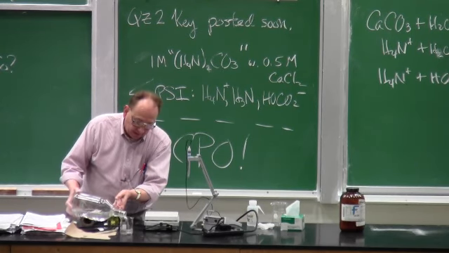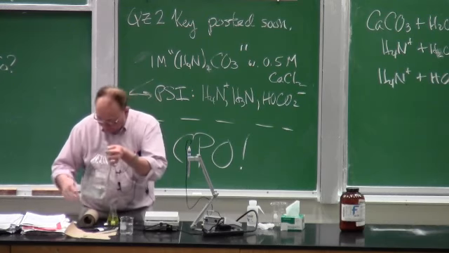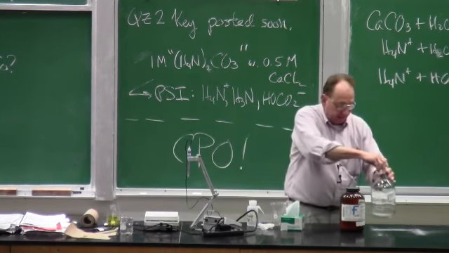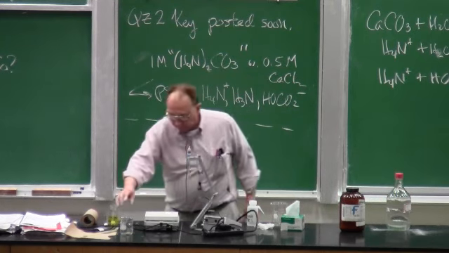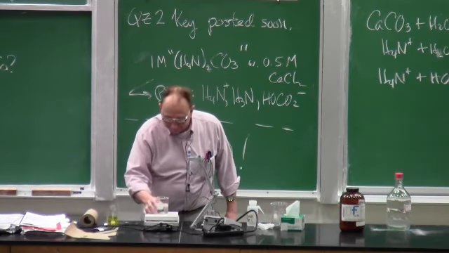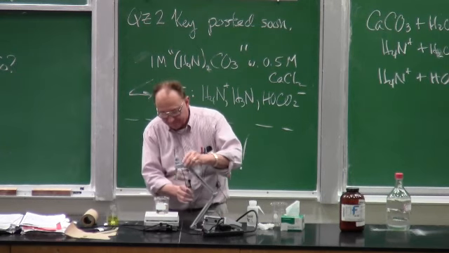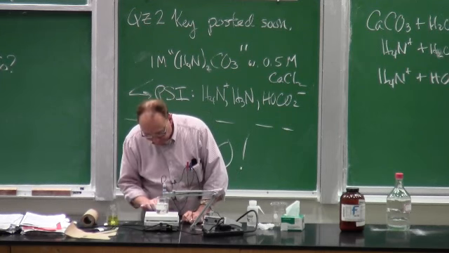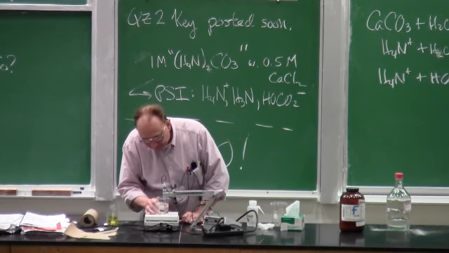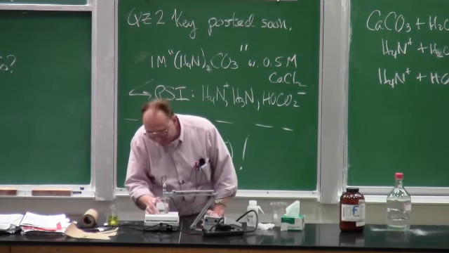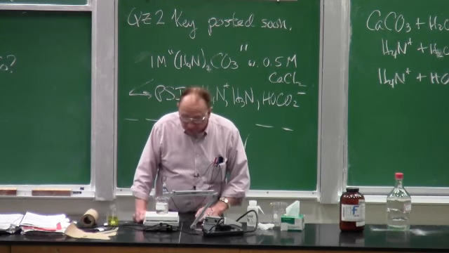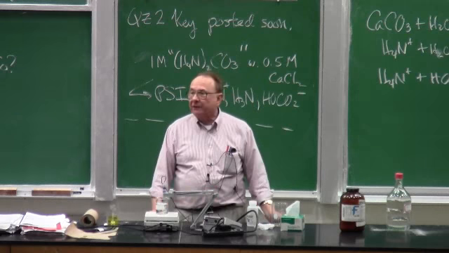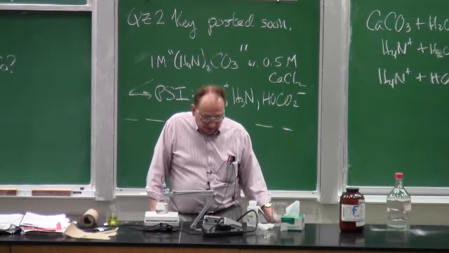So I've got a clean beaker already containing a magnetic stir bar so that we're ready to get at this part of the experiment. And I put the electrode in the 1 molar ammonium chloride solution. It takes a while for the pH reading to stabilize.